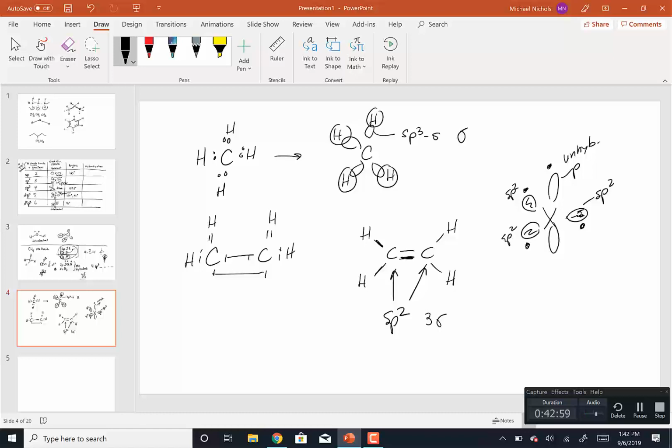Okay. So if I wanted to draw this ethylene molecule, what I would say is this. Here's my carbon, here's my 3 hybrid orbitals. Here's my carbon on this side, here's my 3 hybrid orbitals. I'm going to point the 2 hybrid orbitals together because that's what I'm going to overlap to form the sigma bond. Then I'm going to have my 2 p orbitals, so I'm going to shade those. I'm going to have 1 electron here, here, here, here, here, and here, and then 1 in each of the p orbitals.